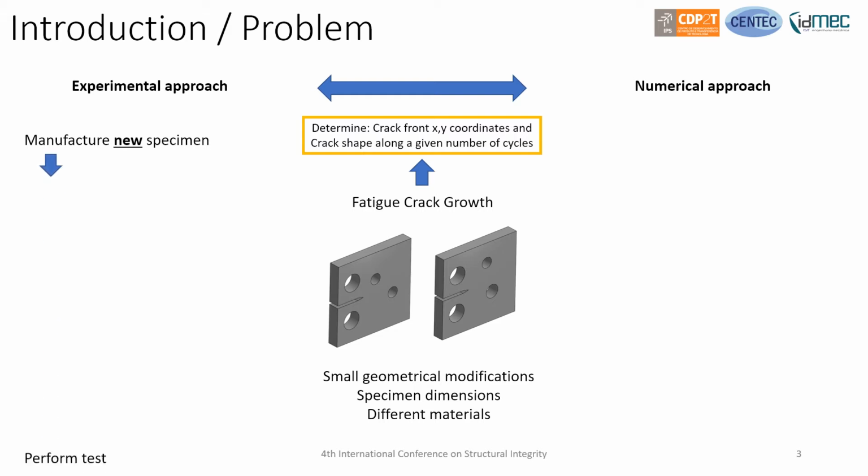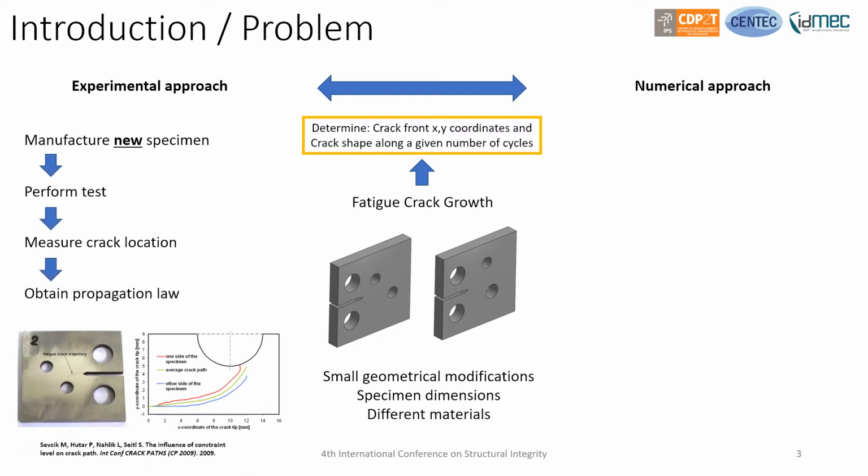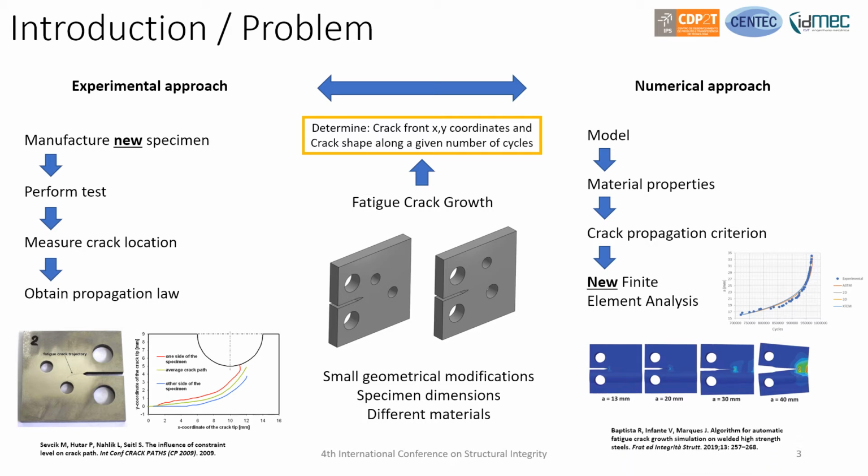In the case of the experimental approach, we have to manufacture a new specimen, perform the test, measure the crack location, and obtain the crack propagation law. Numerically, we also have to create a new model with different material properties or dimensions using different crack propagation criteria, and then the new finite element analysis gives us the crack propagation problem solution.